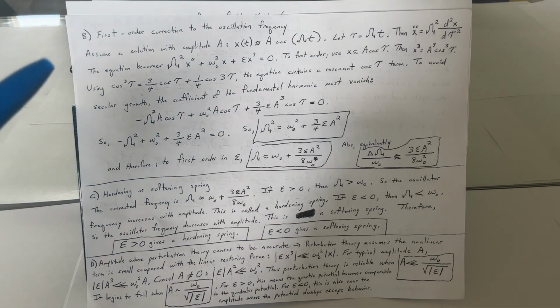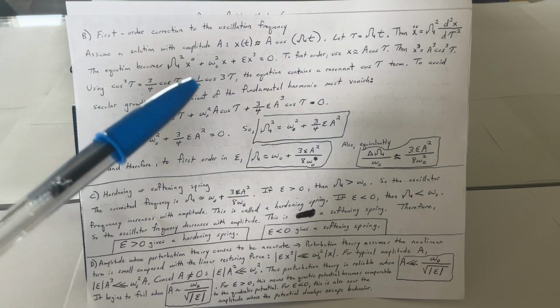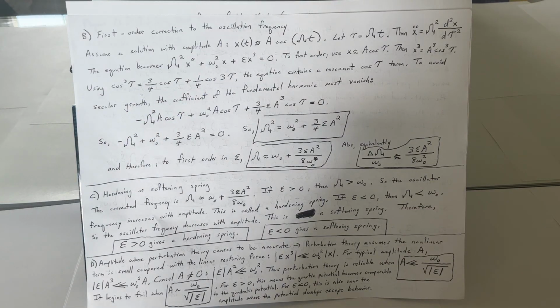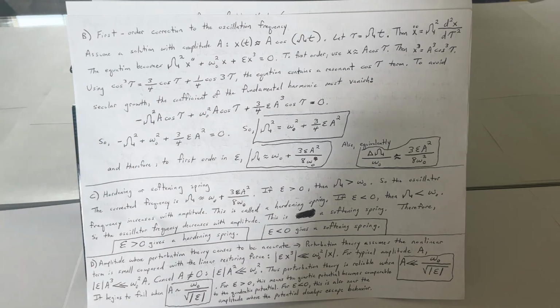Okay, so the equation becomes capital omega squared x double prime plus omega naught squared x plus epsilon x cubed equals 0. To first order, we're going to use x approximately A cosine tau, and then x cubed equals A cubed cosine cubed tau, using cosine cubed tau equals 3/4 cosine tau plus 1/4 cosine 3 tau.